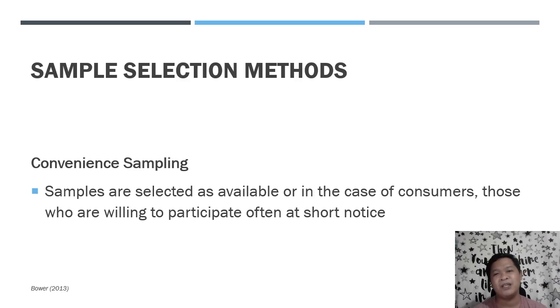Paano kung yung karamihan doon magkakaibigan na nagkayayaan lang kasi ayaw pumunta mag-isa, no? So, then there is that sort of problem na hindi na siya totally representative of whatever population you are considering. That is a limitation of your study as well.